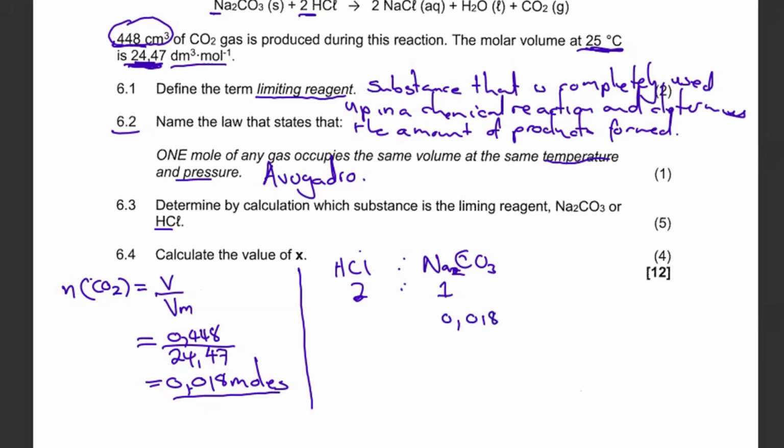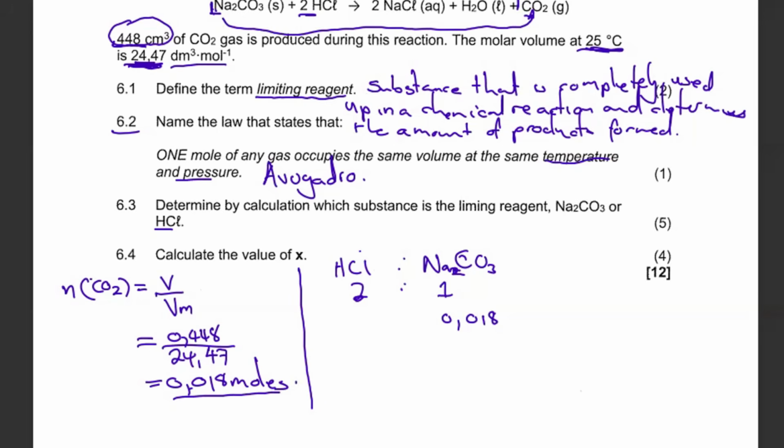According to this mole ratio, it is 1 is to 1, so the number of moles for this one and for carbon dioxide are the same. That's why we take 0.018 and use it on this other end.